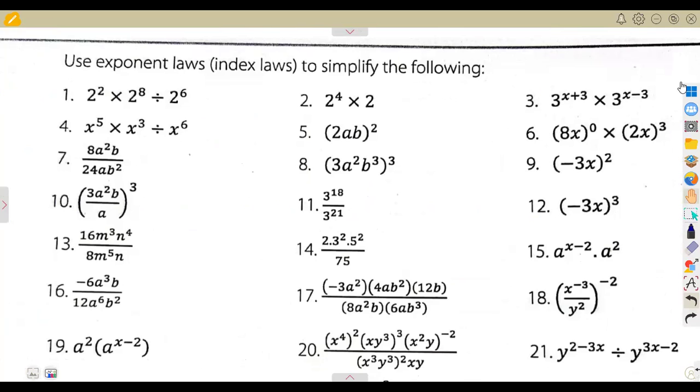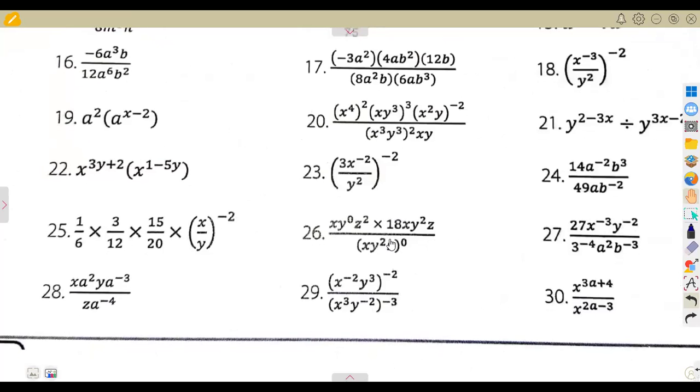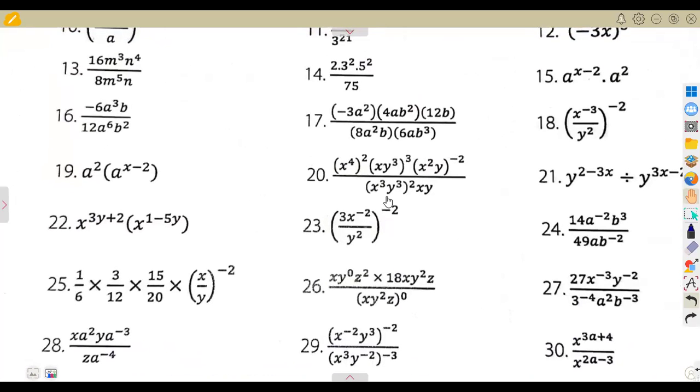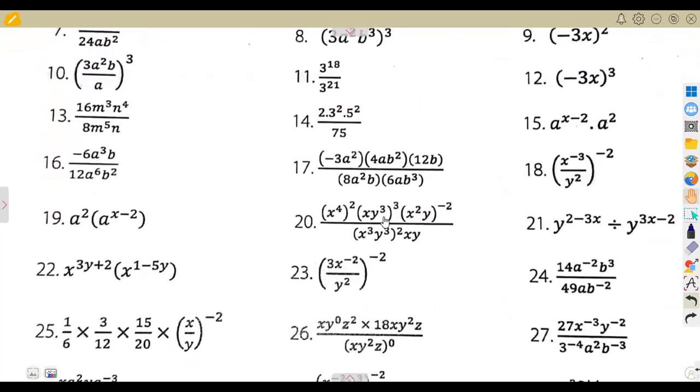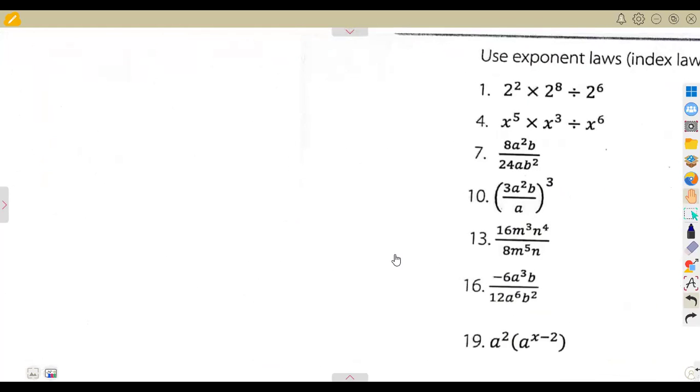And in order for us to simplify these, we are supposed to use exponential laws. I'm not going to answer everything, but we are going to try those questions. Wherever you see that there is a challenge, let us know so that we work those questions together in another class. All right, let us consider question number 1.